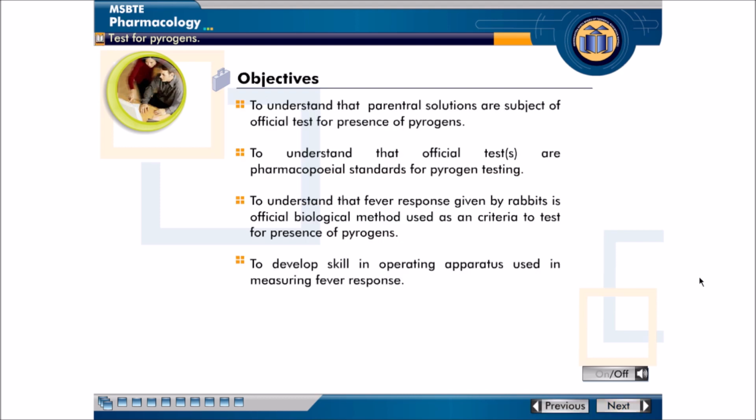The objectives of this experiment are to understand that parenteral solutions are subjected to official test for presence of pyrogens, to understand that official tests are pharmacopoeial standards for pyrogen testing, to understand that fever response given by rabbits is the official biological method used as a criterion to test for presence of pyrogens, and to develop skill in operating apparatus used in measuring fever response.